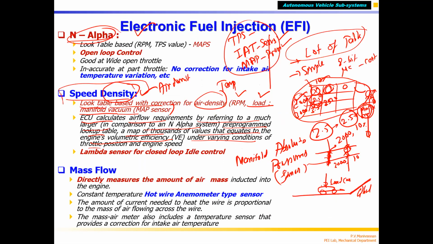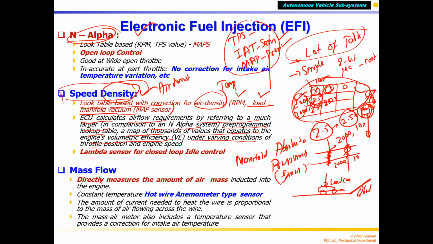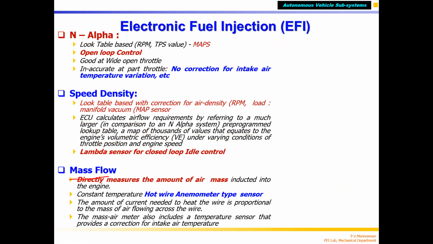If you want actual air-fuel ratio control, I already told you the air-fuel ratio is nothing but proportional to the mass of the air divided by the mass of the fuel, correct? So the best method is measuring the mass of the air itself, the mass of air entering the cylinder during the suction stroke.